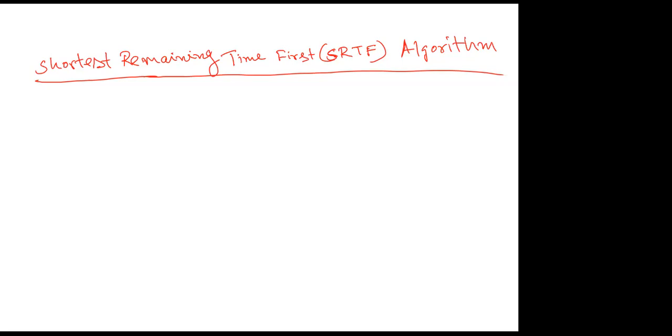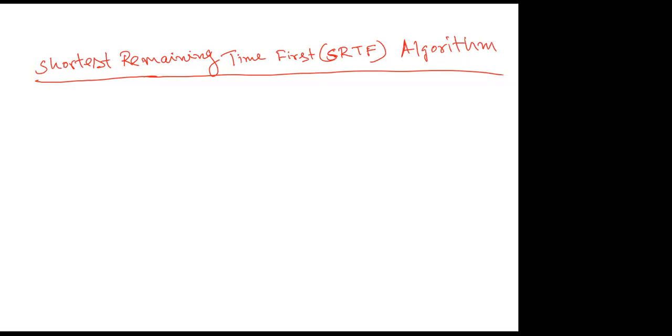What is a preemptive scheduling algorithm? Let me explain it another way. Let's say your CPU is already executing a process, and a process with a shorter burst time, or shorter execution time, arrives inside the RAM.